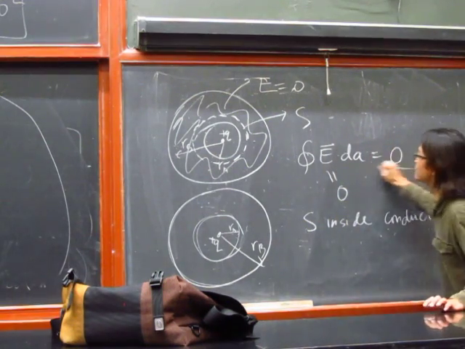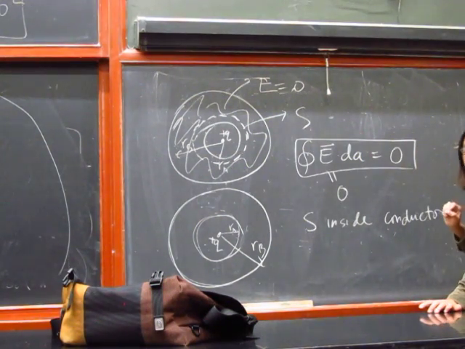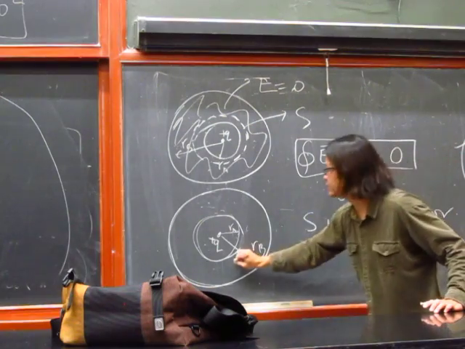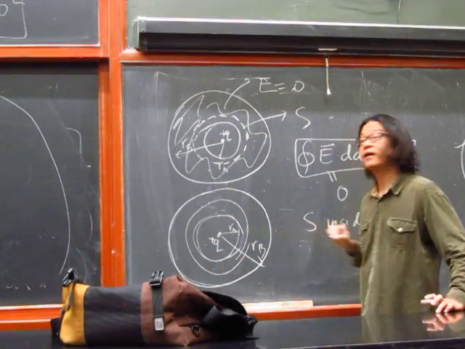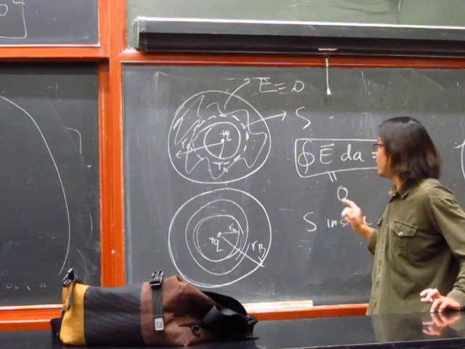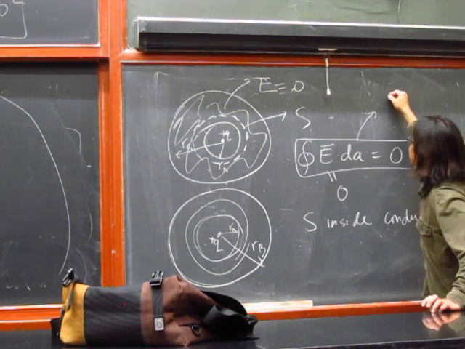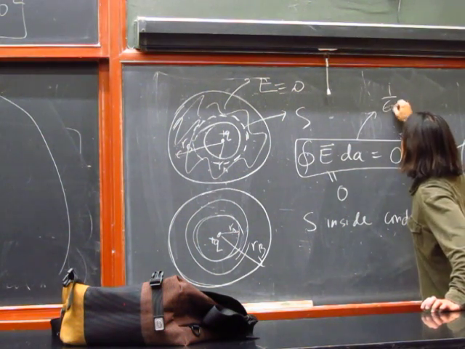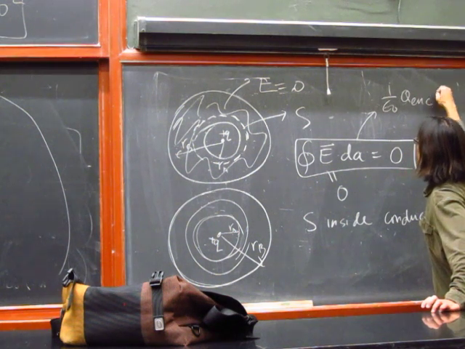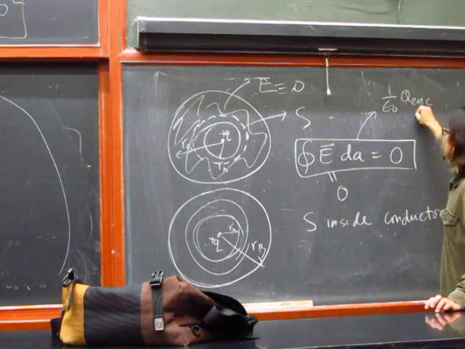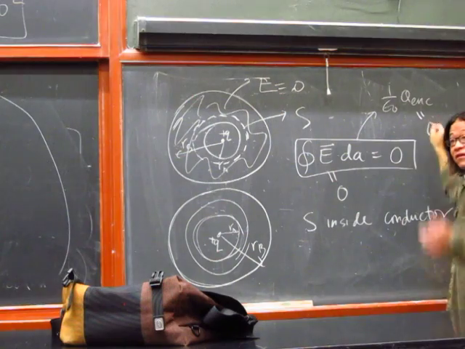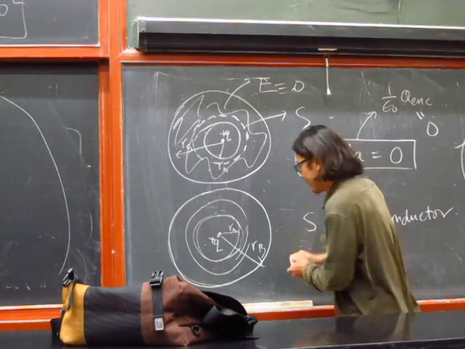Therefore, the flux in Gauss's law has to be equal to 0 for a surface in here. Since Gauss's law says this is equal to 1 over epsilon naught times Q enclosed, Q enclosed has to be equal to 0.